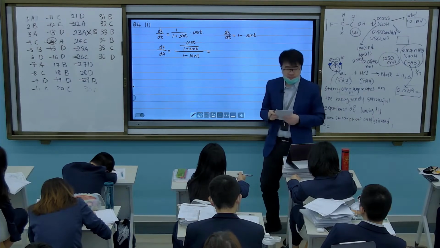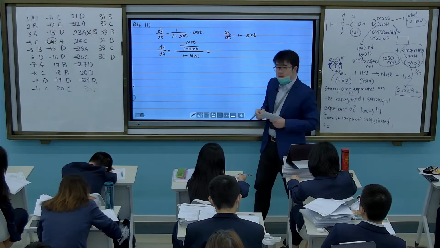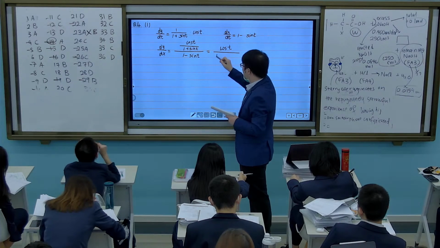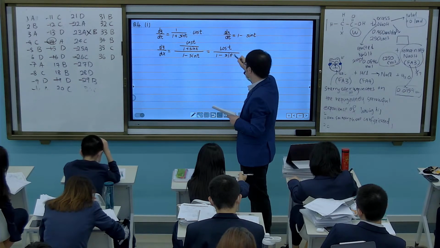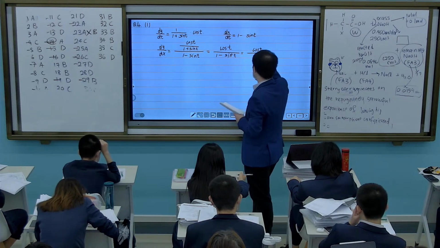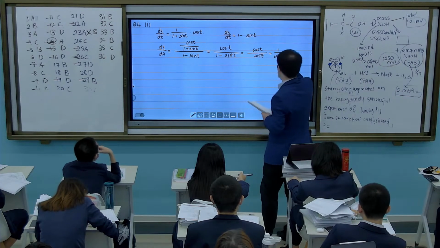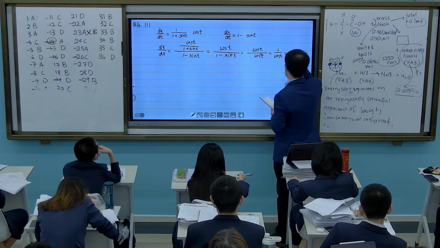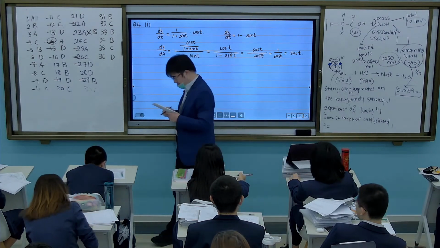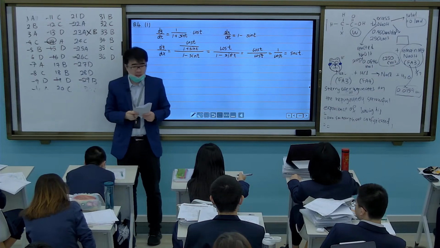Then simplify it. You'll get cosine t divided by 1 minus sine t squared, which is cosine t over cosine t squared, which is 1 over cosine t, equals secant t.